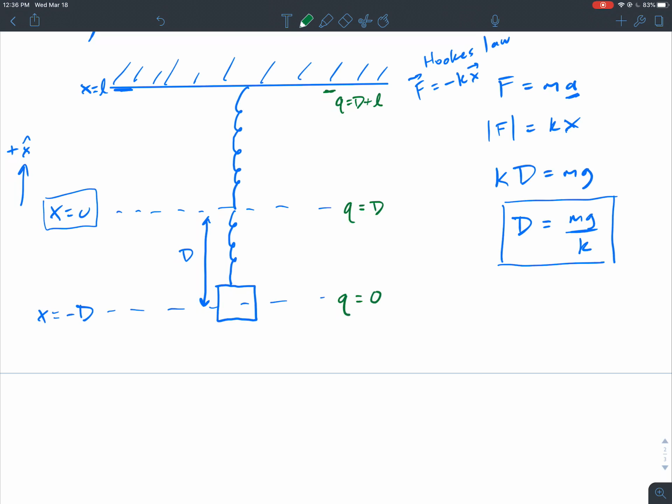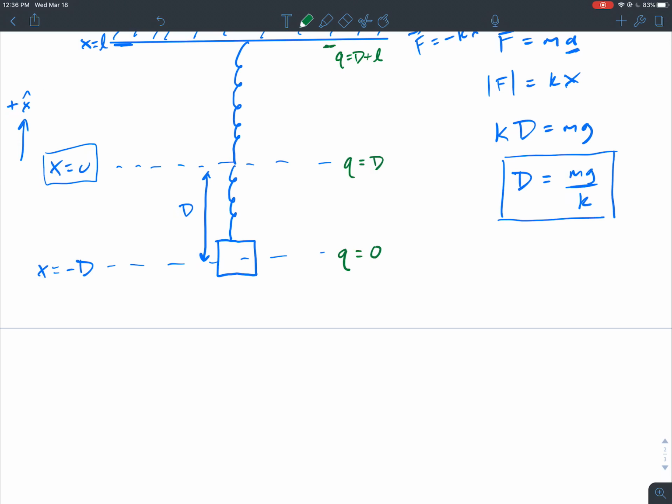So we want to be able to relate these coordinate systems, right? And you might be able to do that right now, just off the top of your head. What I want to do is look at these points right here. q equals 0 is the same as x equals minus d. Well, if we just add d to both sides, we end up with x plus d equals 0.